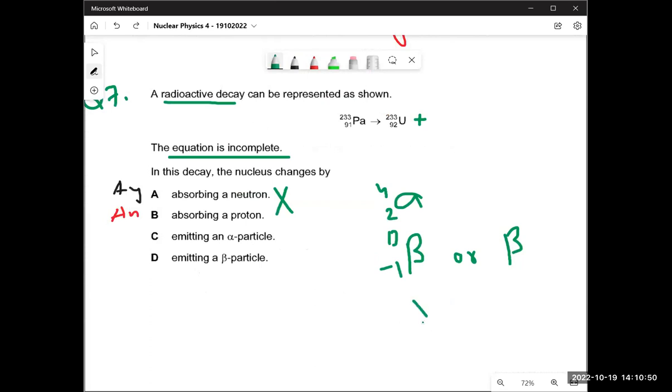Nothing else. You don't have any option about a proton or neutron being absorbed. Neutrons will only be for fission and fusion. This is clearly not about fission or fusion; they will say that in the question. This question is already about radioactive decay.